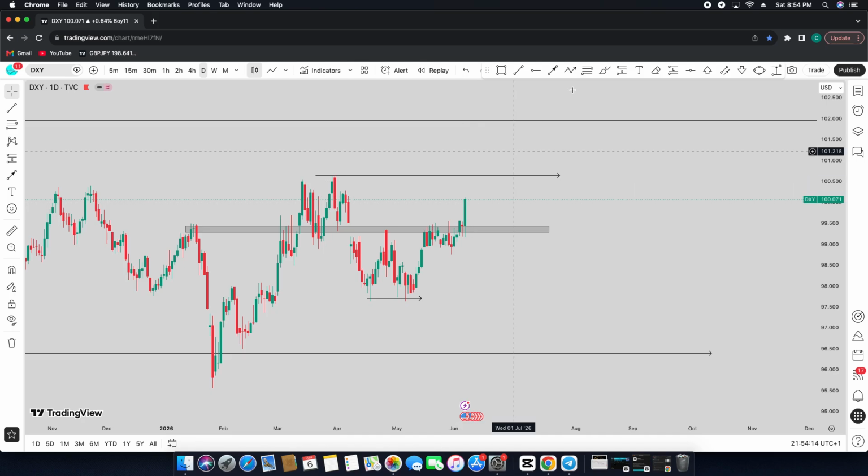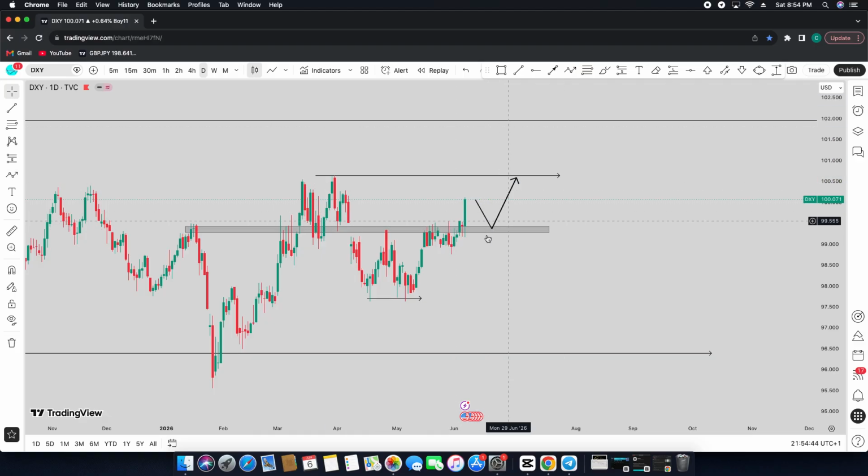So I believe coming into this new week, DXY might pull back into this level and then push up. This is what I want to see on DXY. Or if we don't get any retest on this level, that means it wants to break out from this level and go to the upside.